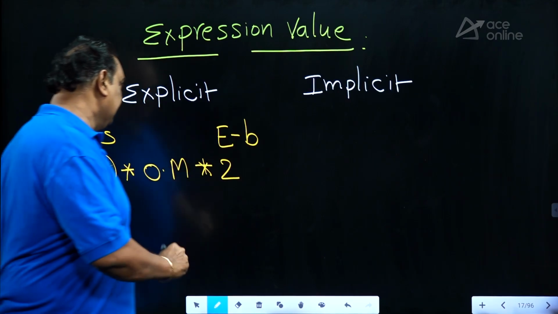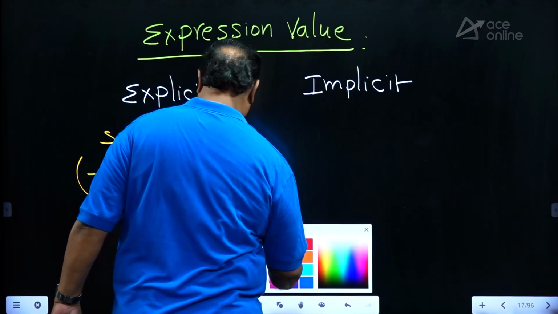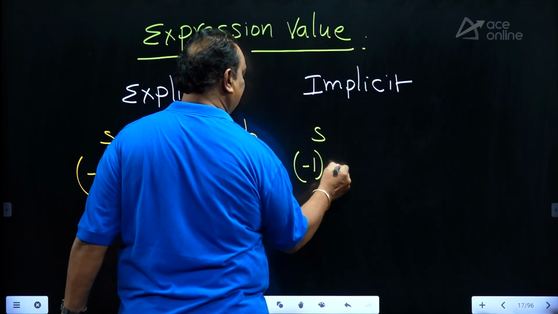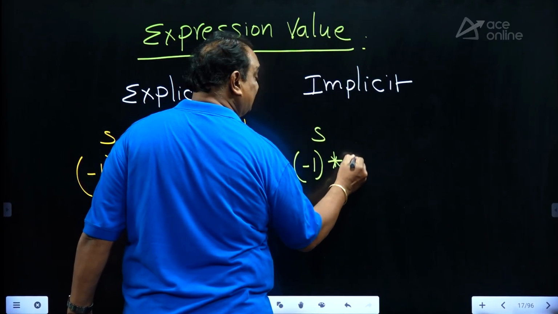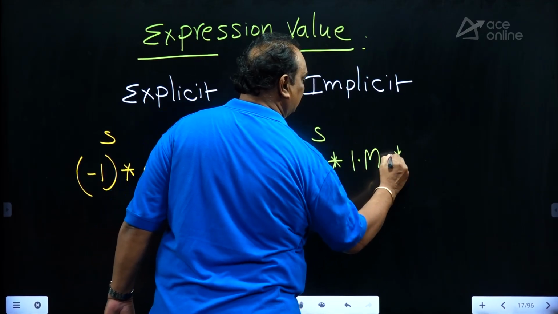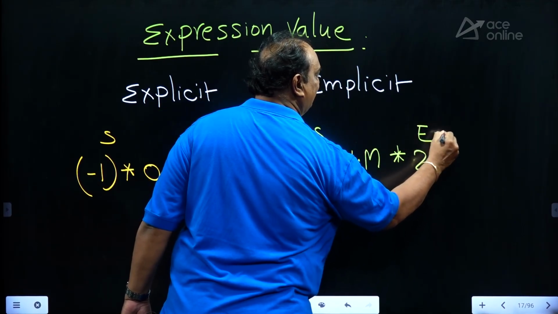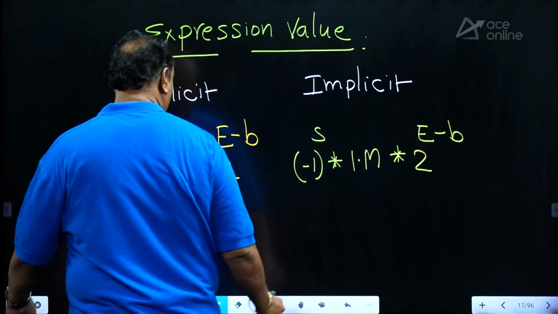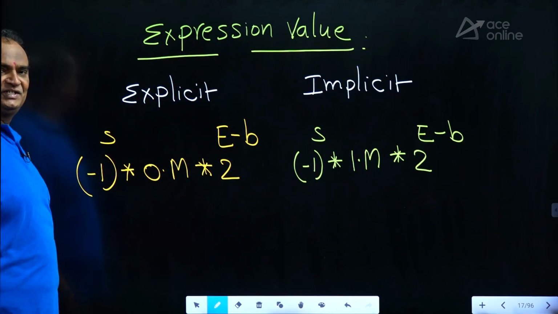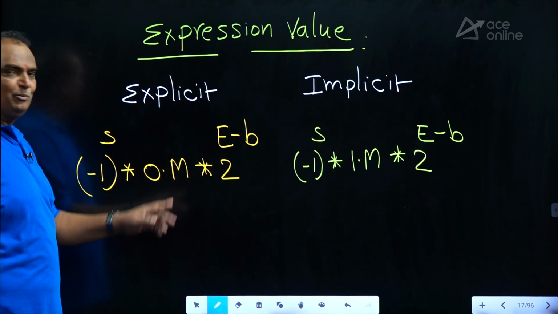Next, if it is implicit normalization, here all things are the same: (-1)^s, times not 0.m but 1.m, times 2^(E minus B). No hidden bit is needed for explicit normalization, that's why we take 0.m.